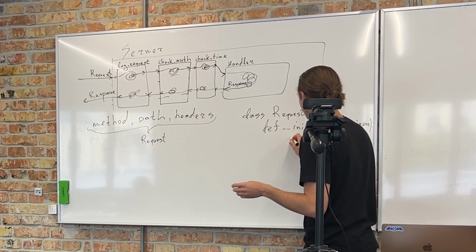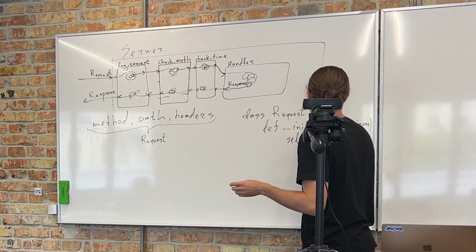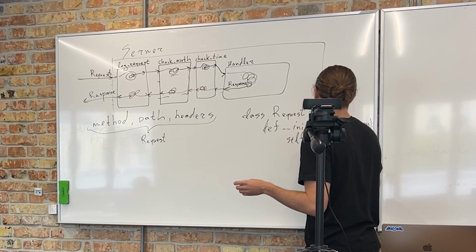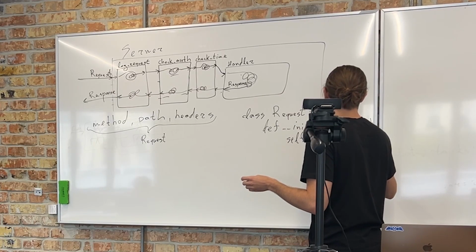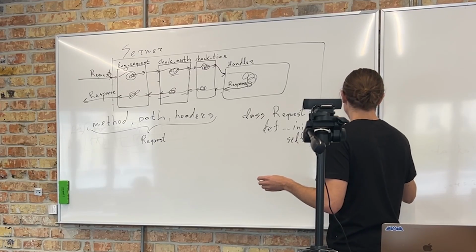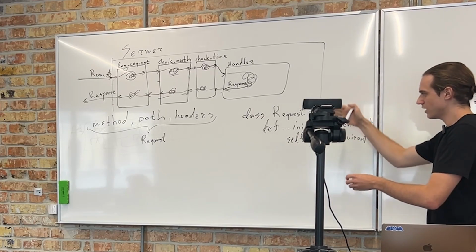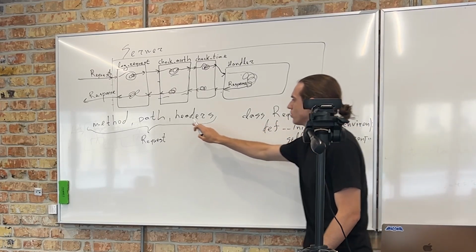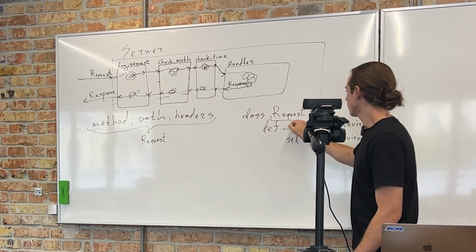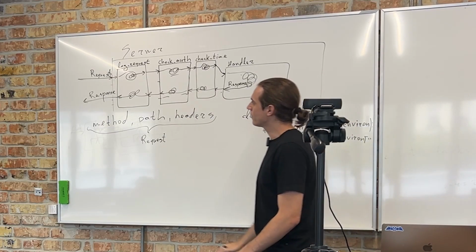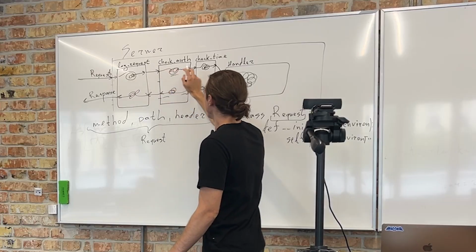So basically we can say self.path equals environ and the key for path, etc.